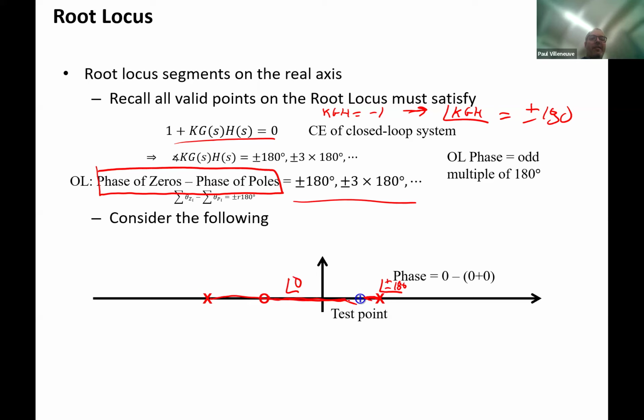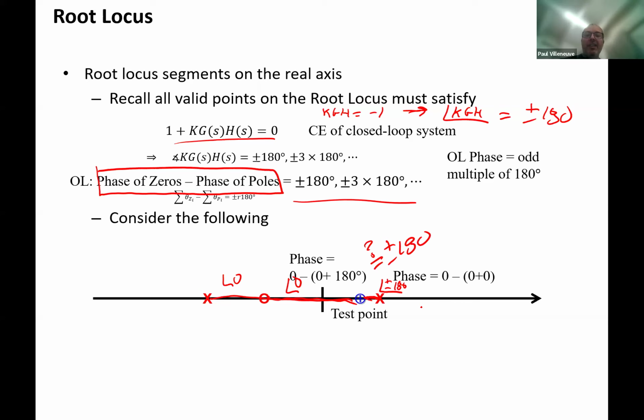How about over here? 0. So when I calculate the phase here, 0, which is the angle associated with going from the 0 to that test point, minus 0 plus 180. Does that equal plus or minus 180? Sure does. So that is a valid test point.